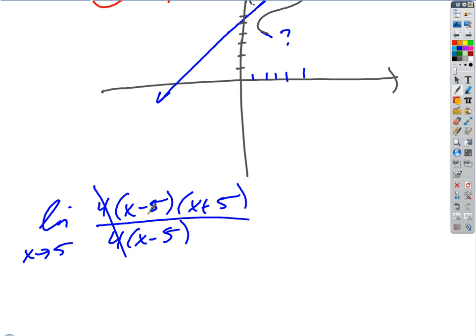Right, and we can cancel algebraically all that stuff, and what do we get? 10. So 10 is the answer. That's what the limit tells us it needs to be. Okay. Good.